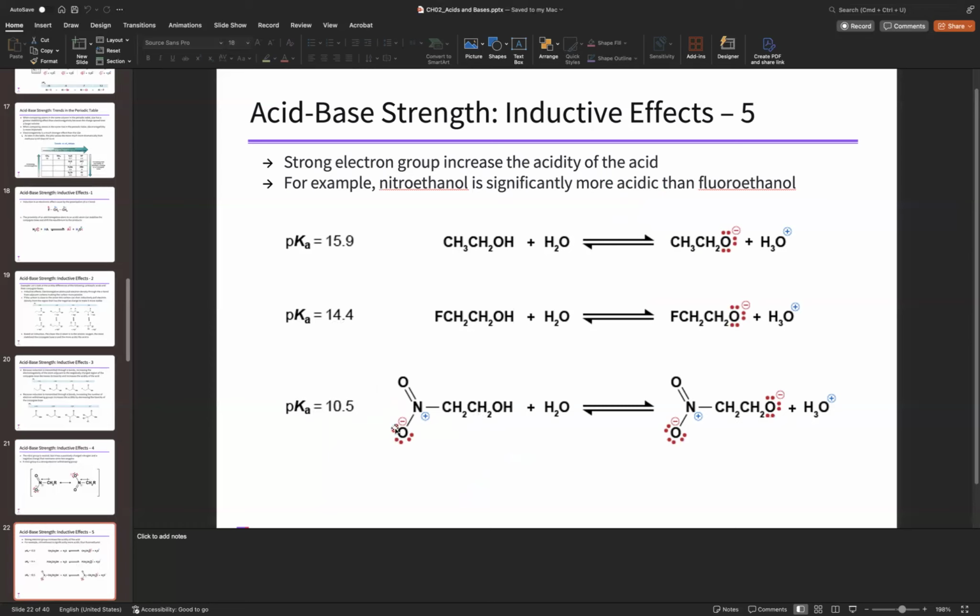Now, while I will ask you to compare which is the more electronegative atom on the periodic table and classify the acids as being strong or weak, I will not ask you to do the same with something like a nitro group. A nitro group can be a very strong acid making group or not so strong, but you know that it is an electron withdrawing group. So having it will always make the acid a bit stronger.